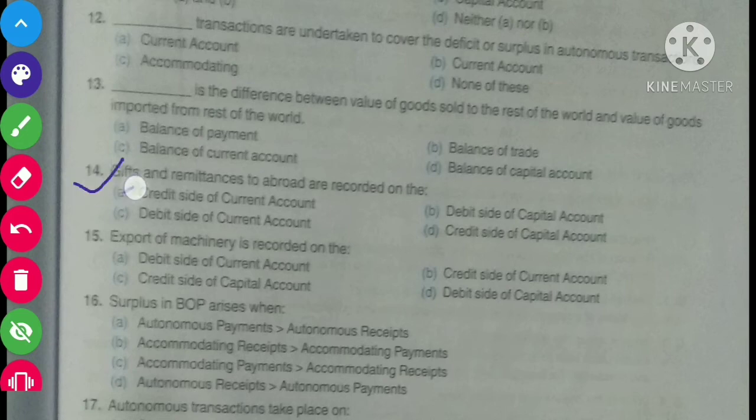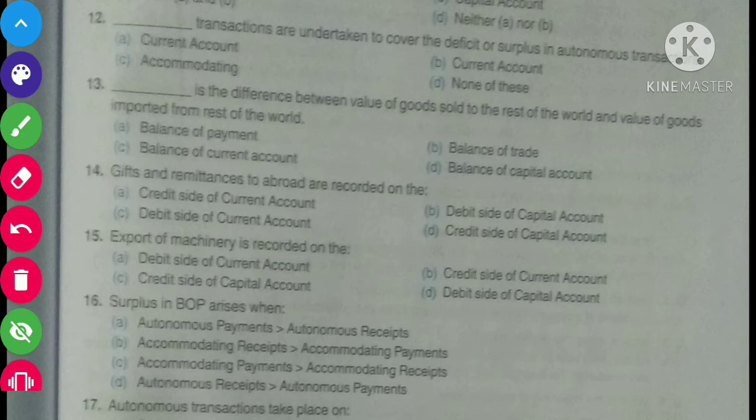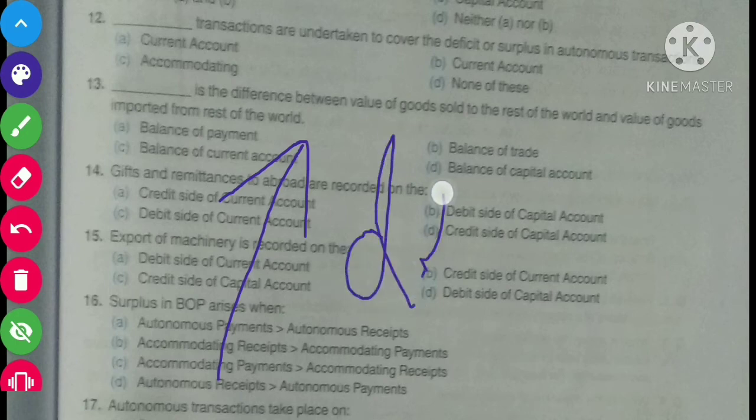Move to next question number 14. Gifts and remittance to abroad are recorded on option A credit side of current account, option B debit side of capital account, option C debit side of current account, option D credit side of capital account. It's gift and remittance to abroad, so there is outflow of foreign currency or foreign exchange, so it is recorded on debit side.